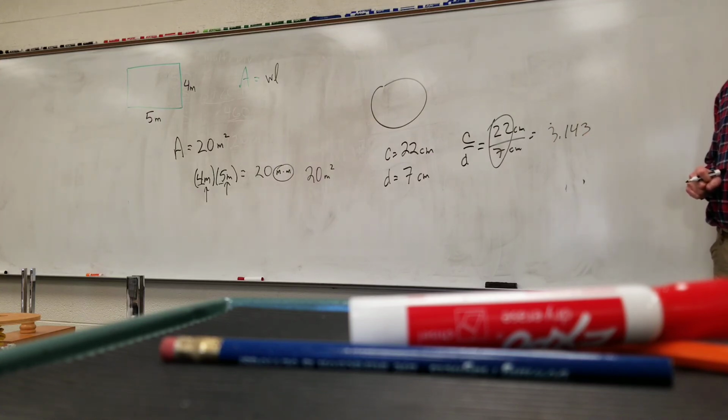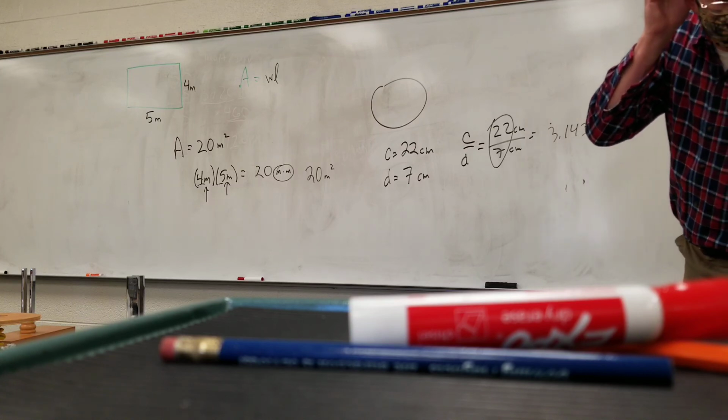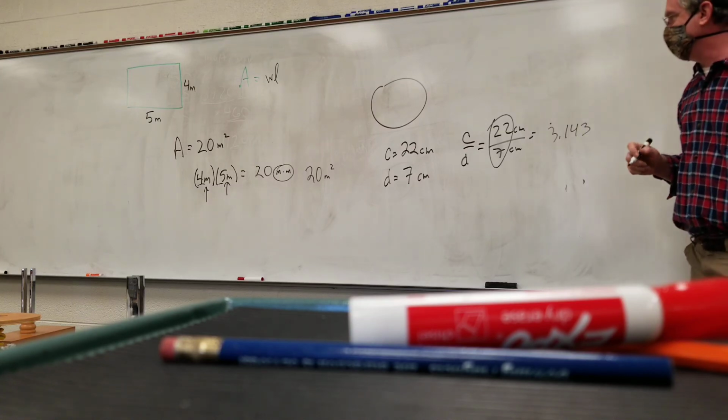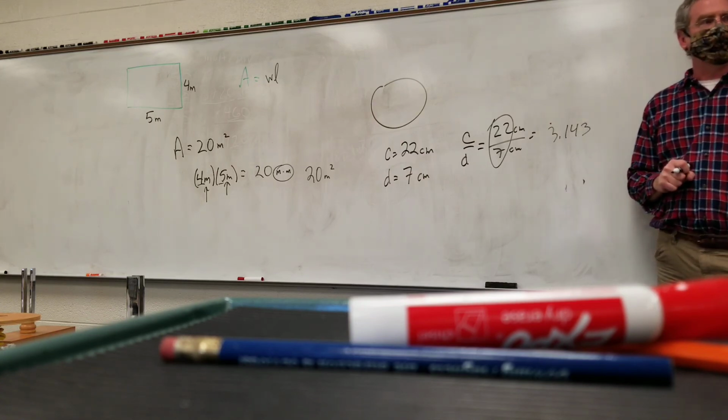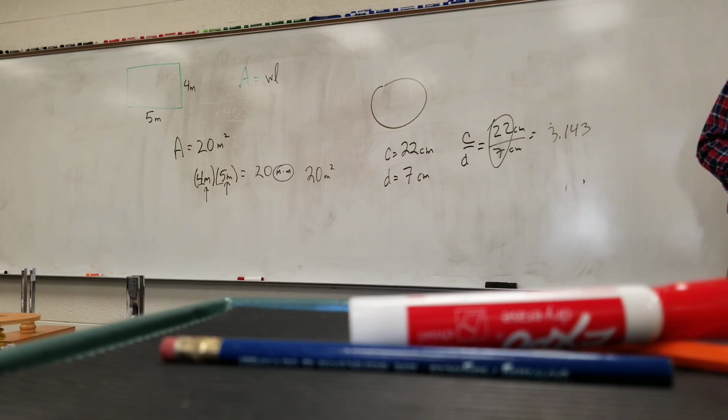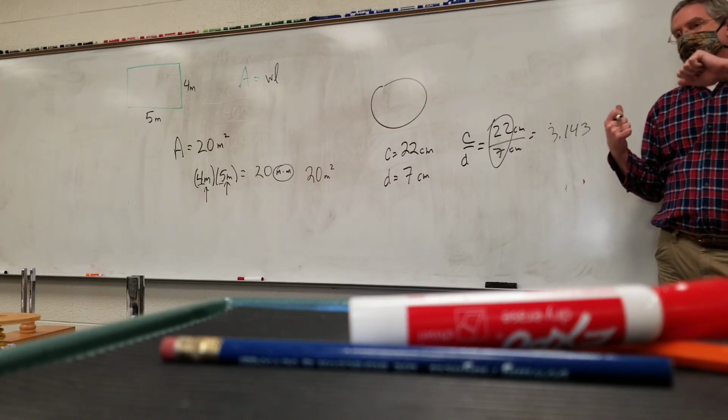Wouldn't it be just C over D? No, those are not units. Oh, okay. Centimeter squared. Nope, not quite. Centimeters squared would be centimeters times centimeters. What's the math operation we're doing here? Division.